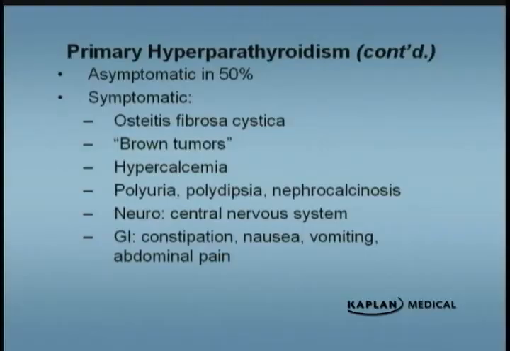And a couple of the symptoms that we have to talk about are these bone effects. So if your parathyroid hormone is secreted continuously, autonomously, it affects the osteoclast continuously, and what this does is it breaks down bone and forms these cystic spaces in the bone, and this is called osteitis fibrosa cystica, or brown tumors.